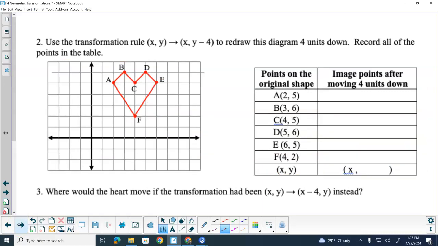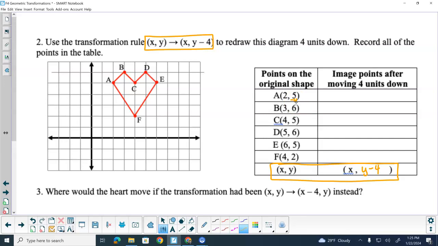Another way of doing it is you can say, all right, I've got my transformation rule right here. X comma y minus 4 is my transformation rule. So what we can do then is we can just subtract 4 from the y part.